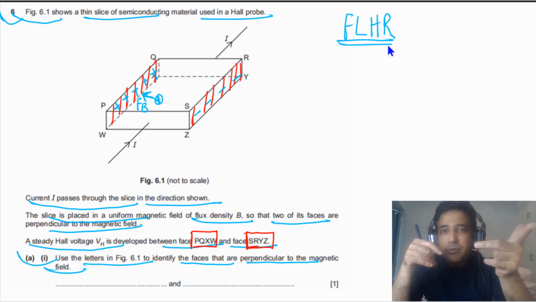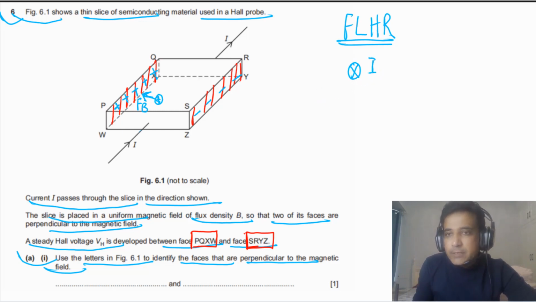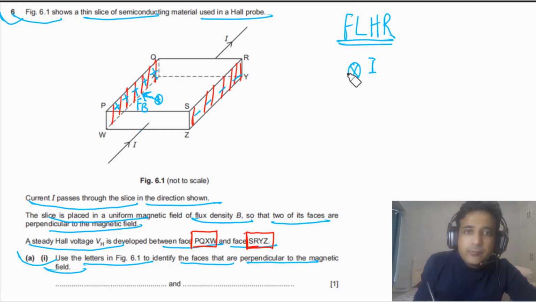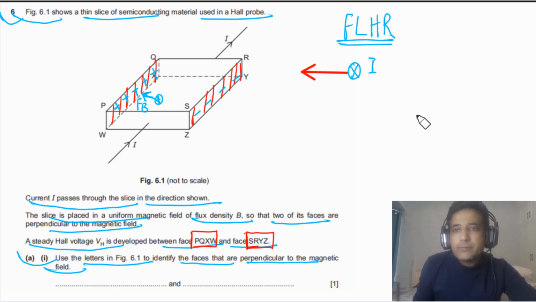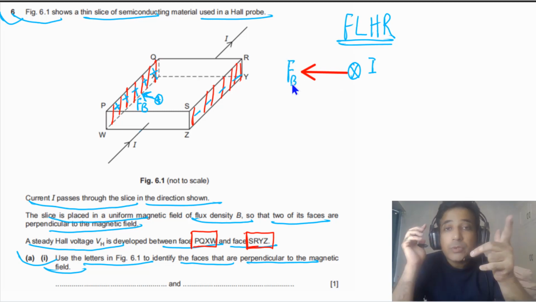In this case, we have current that is into the page. We can draw this is current, into the page. And we have the magnetic force to the left. This is the direction of the magnetic force. Now you can find the direction of the magnetic field.